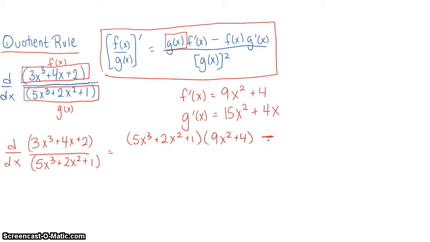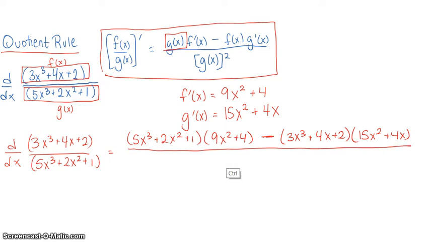Key thing is subtraction. Then our numerator, which is 3x cubed plus 4x plus 2, multiplied by the derivative of our denominator, which we found out to be 15x squared plus 4x. That whole thing is over top of g of x, g of x, not g prime of x, which is 5x cubed plus 2x squared plus 1, all squared.